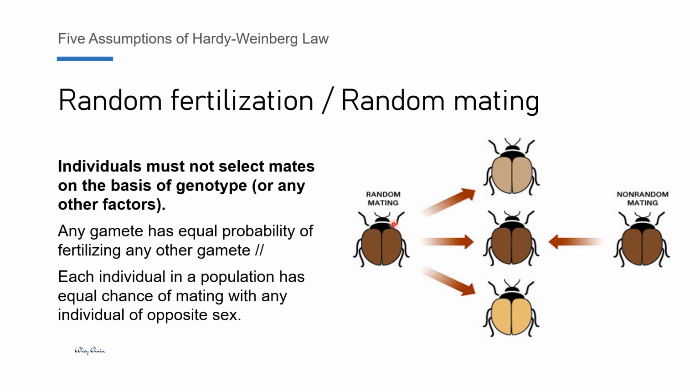So in random mating, for example, this insect has an equal chance to mate with another insect of the opposite sex without consideration of their phenotypes or other factors. But in non-random mating, individuals tend to choose mates similar to themselves.